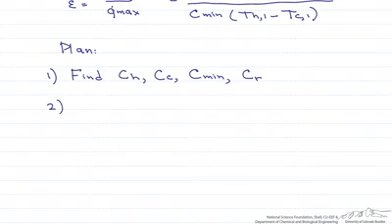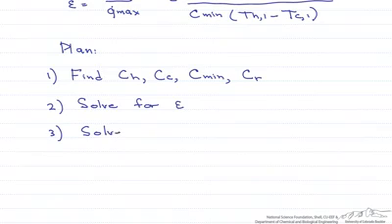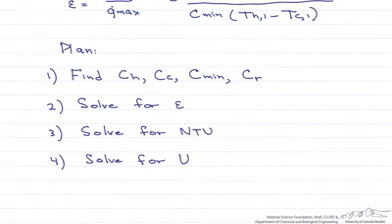Once we know that, we can solve for our effectiveness. This allows us to use the relationship between the two to solve for NTU. And finally, once we have NTU, we can solve for our overall heat transfer coefficient.